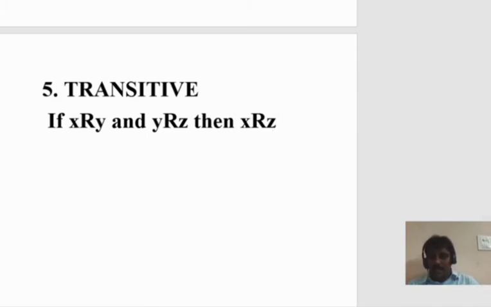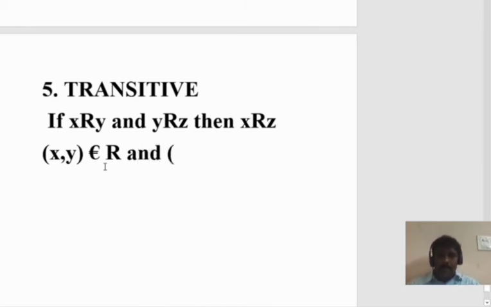Or we can write simply like this: if x comma y belongs to R, and y comma z belongs to R, then what is the condition for transitive?